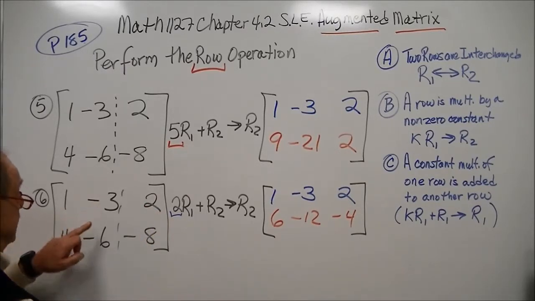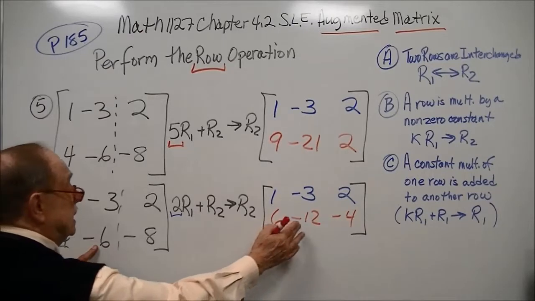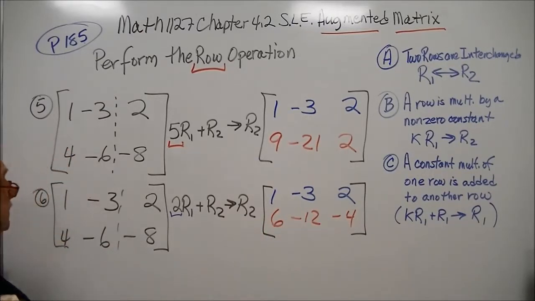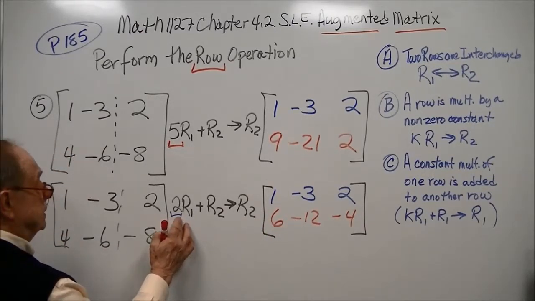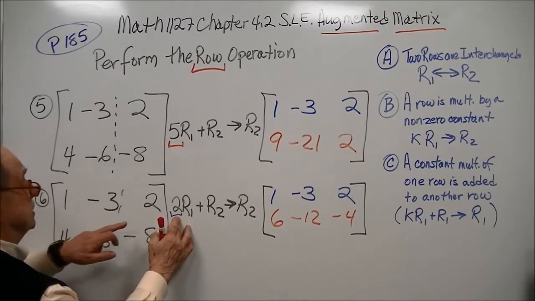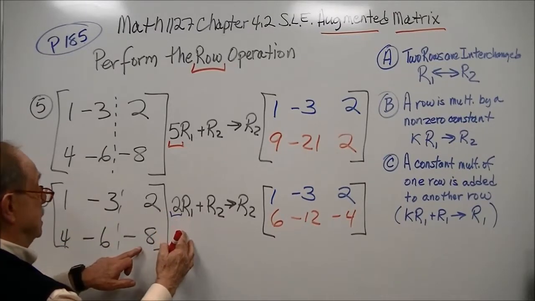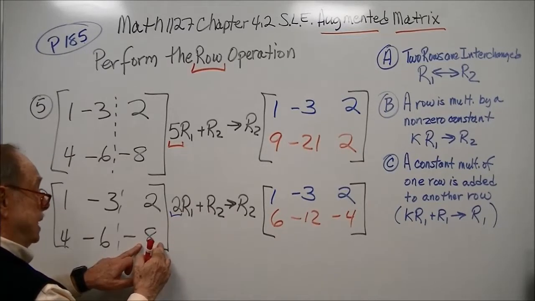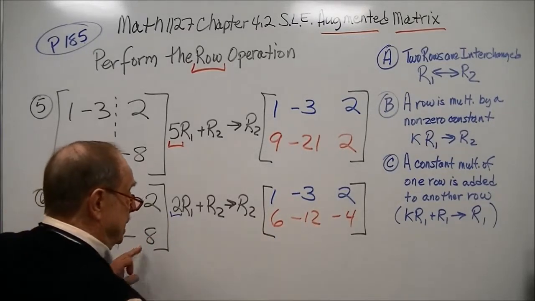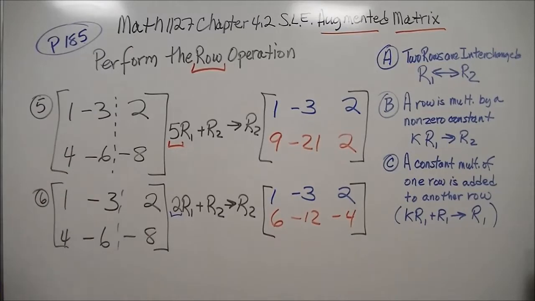I'm thinking ahead. And negative 6 gives me my negative 12. And then 2 times 2 is 4. A positive 4 and a negative 8 gives me my negative 4.